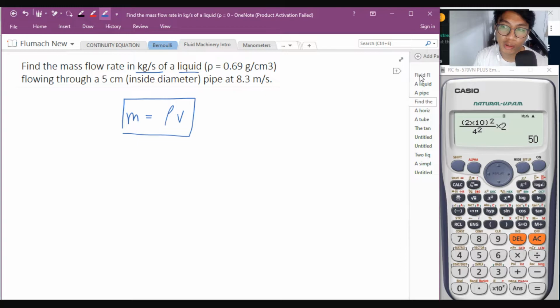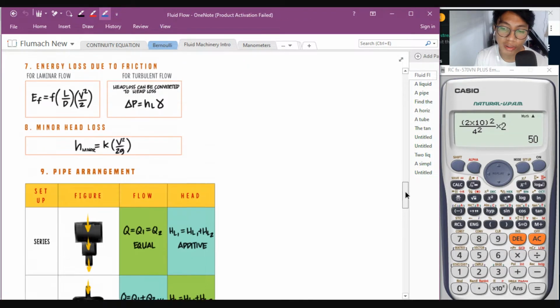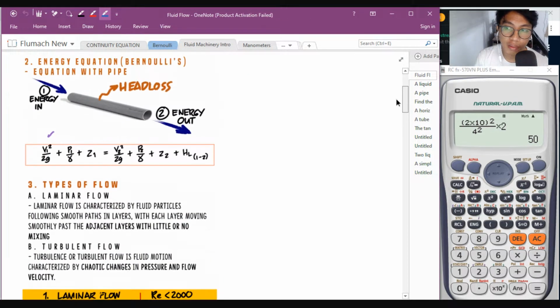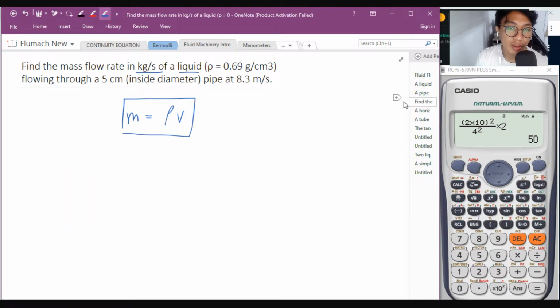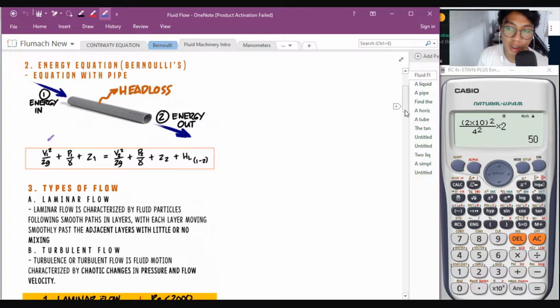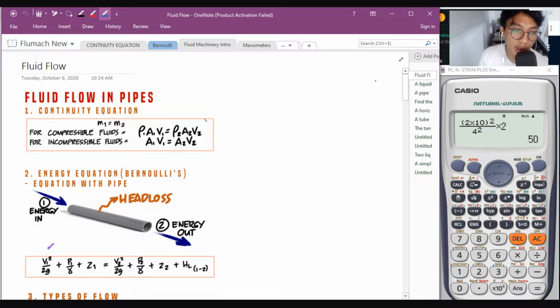O, going back to fluid flow. Ano ba yung binigay ko dyan? Ano yung condition mo dyan? Fluid lang, wala sinabing compressible. Anong pwede natin gamitin dito equation? Eh di ito, di ba mass is always equal to the density of the fluid multiplied to the area of the flow. Ninukuha mo dito, mass flow rate eh. Area of the flow times the velocity of the flow.